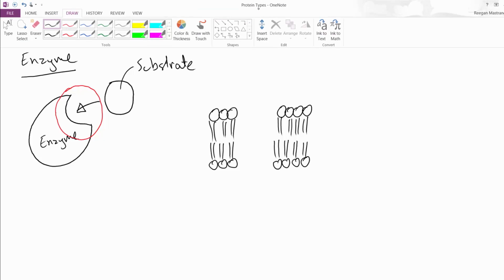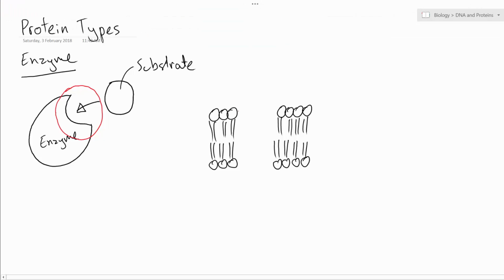So we have here a cell membrane. I'm going to draw a receptor protein here. So this is going to be our receptor protein. And what you'll notice is I've drawn a little notch here. I'll get rid of this arrow in a second, but I've drawn a little notch there, which is going to be a site that is going to be bound to by a hormone.